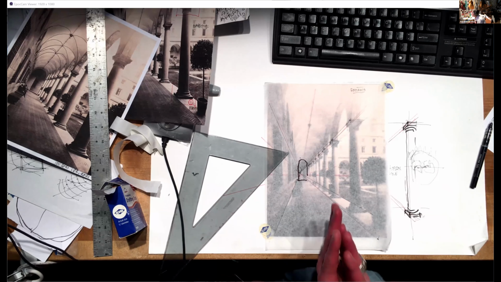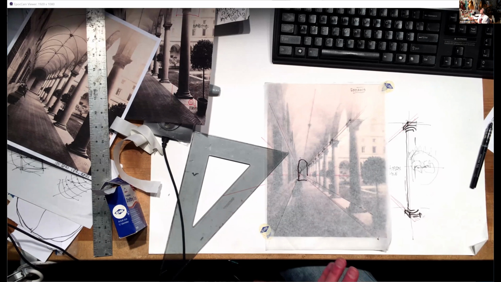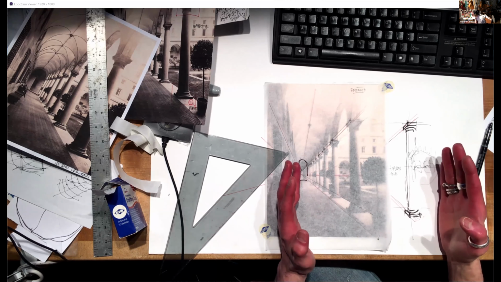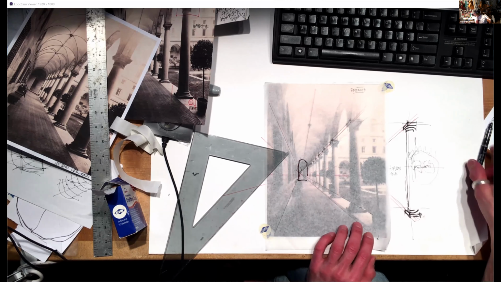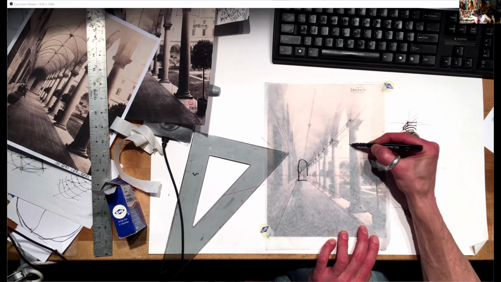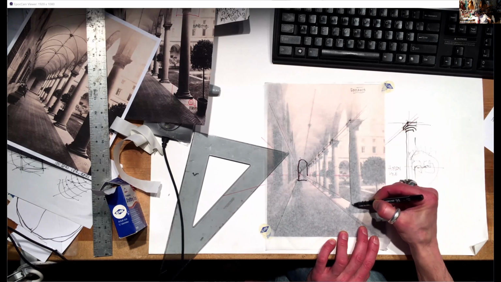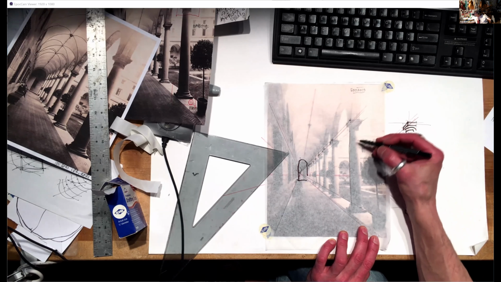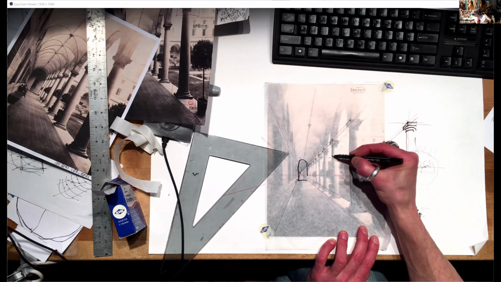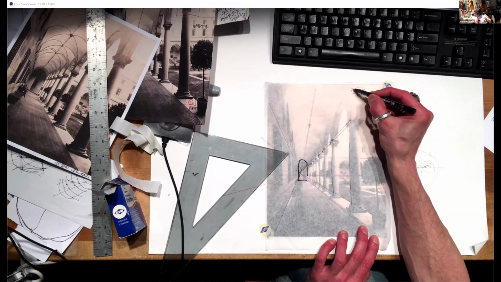In order to visually compensate for somebody standing in front of a column looking up, for the tapering that would happen because of perspective, they bowed the columns outwards and made them slightly fatter. That's called entasis.